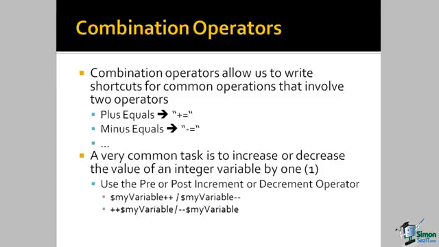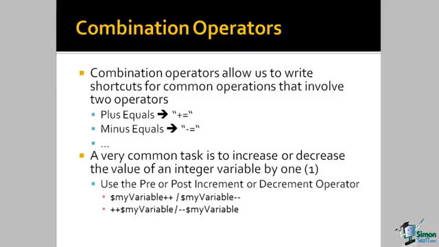That would be identical in functionality. But we do this so often that we want a shortcut. So if we say my variable plus plus, that is the shortcut for saying my variable equals my variable plus 1. The alternative, obviously, is my variable plus equals 1. So even a shorter shortcut.